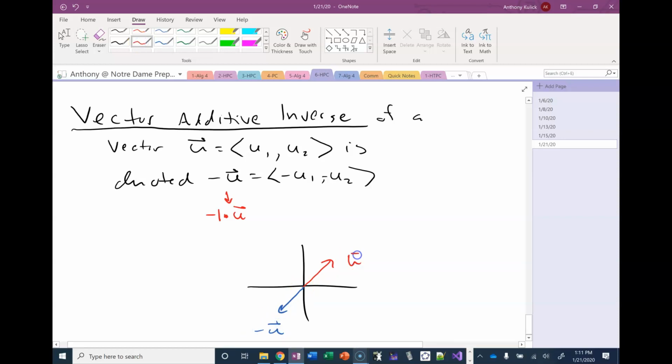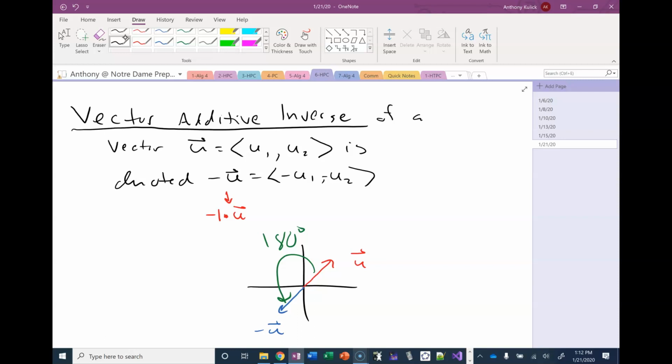How much is it changing the direction by? Very good. It's a 180-degree change in direction, right? Is everybody okay there?